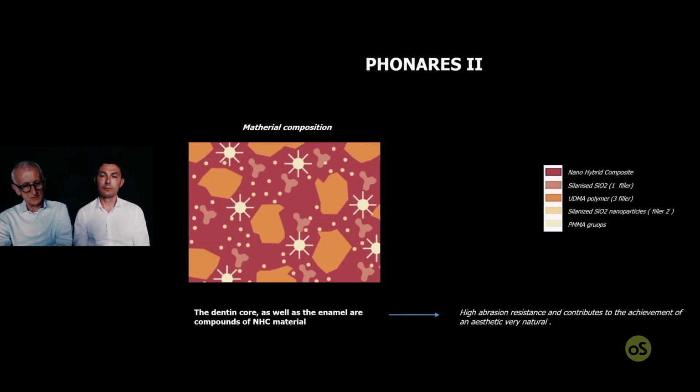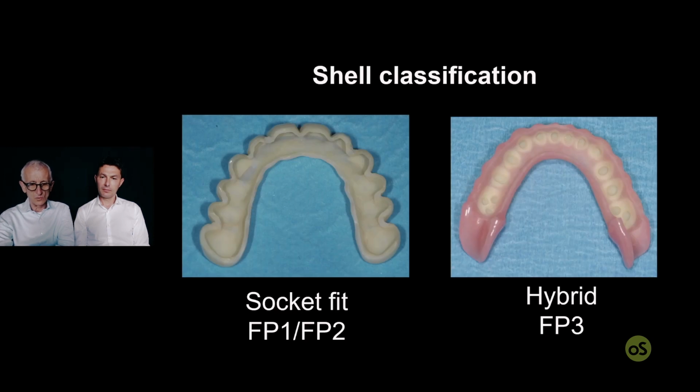Okay, so thank you for this quick exposition about the different kinds of denture teeth. Now, we know that there are different kinds of shell. And according to different countries, they get different names.